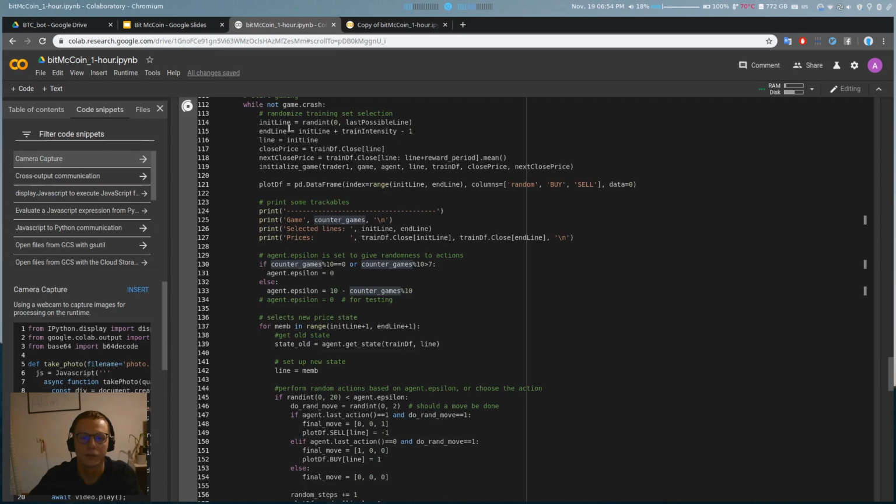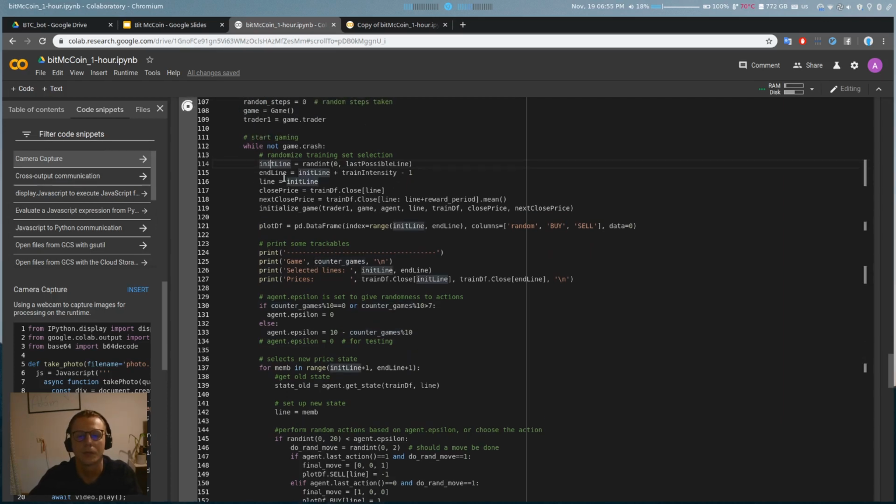Yeah, now here. So we initiate the game itself. So for game 1, we'll try to get an init line. So it's just a random line, well, not a random line, but random observation from the training data frame, which we use for us to determine what kind of day the bot will have for this game.